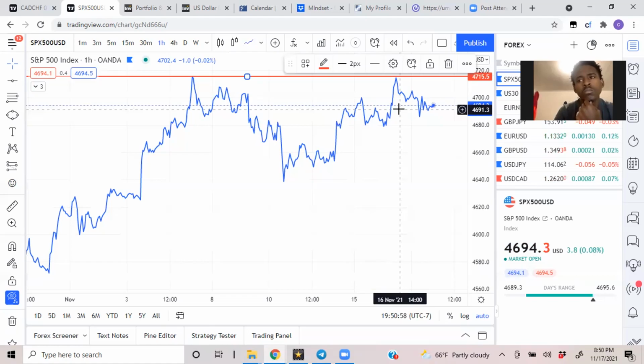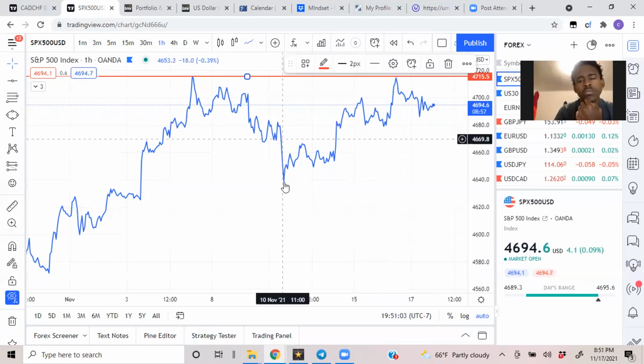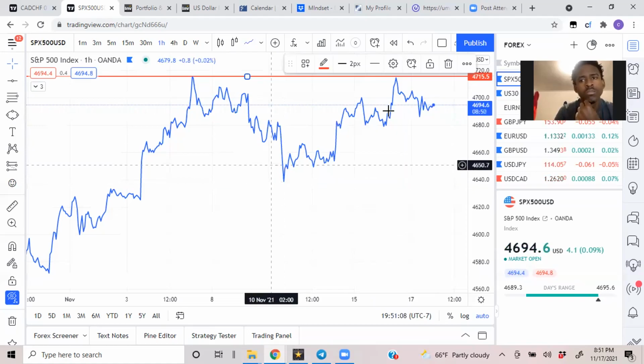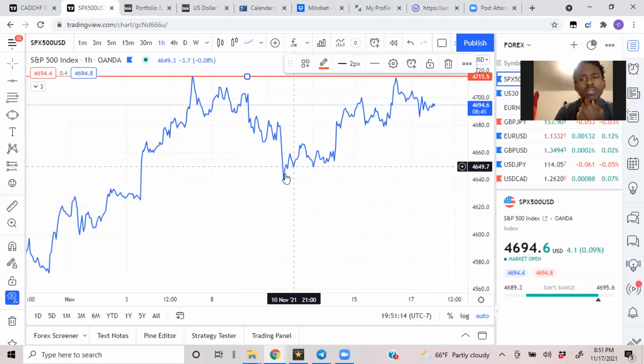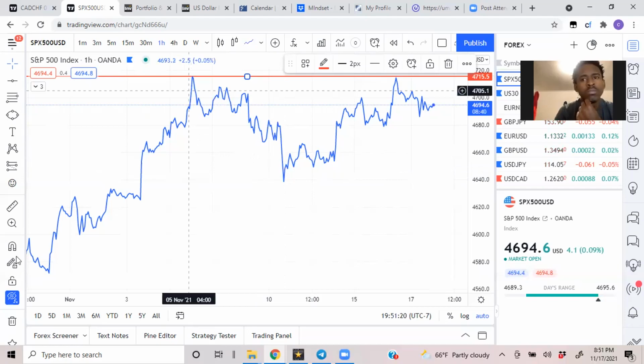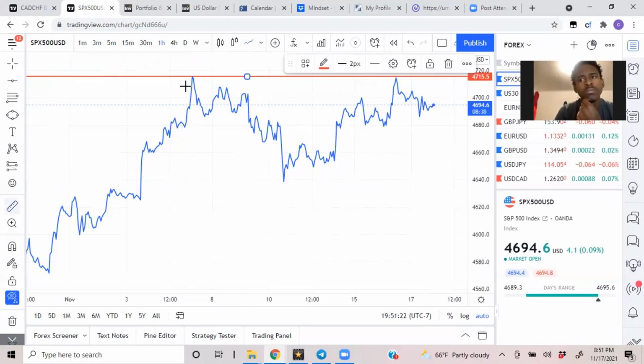So a swing trader will probably hold this trade that long. Now, a smart swing trader probably would have collected their profits once it got down to this low point. Hopefully, nobody held their trade this long because they missed out on a lot of money. This is a lot of money, right? We're looking at just lines right now, but let's measure this out and see how long this really is.